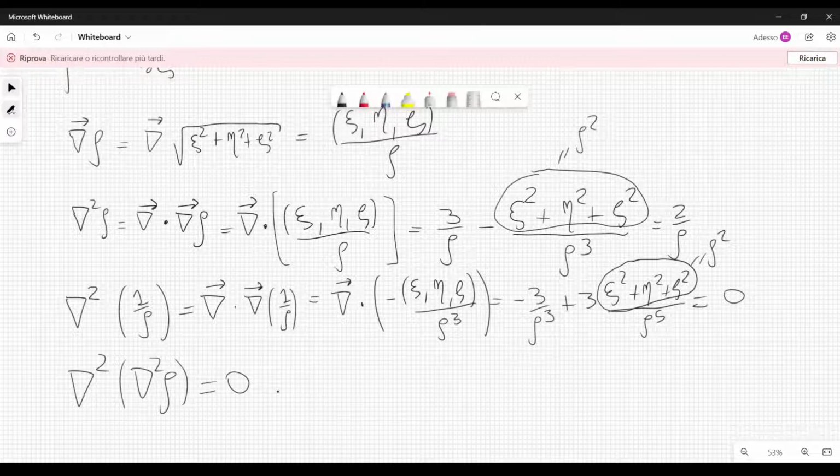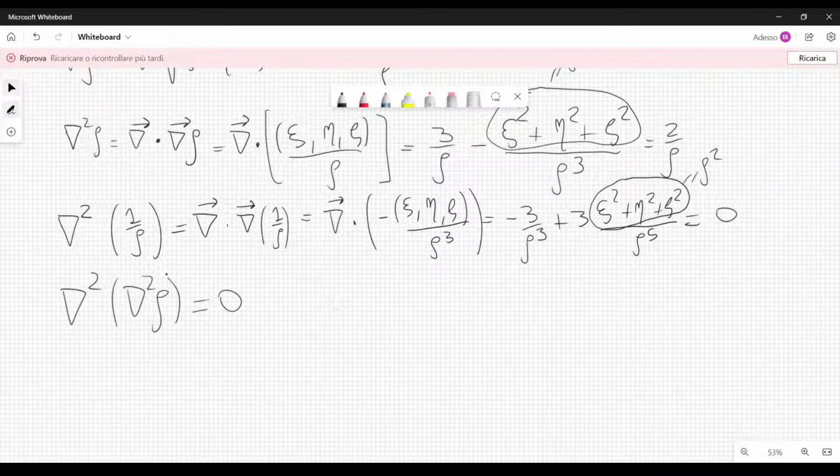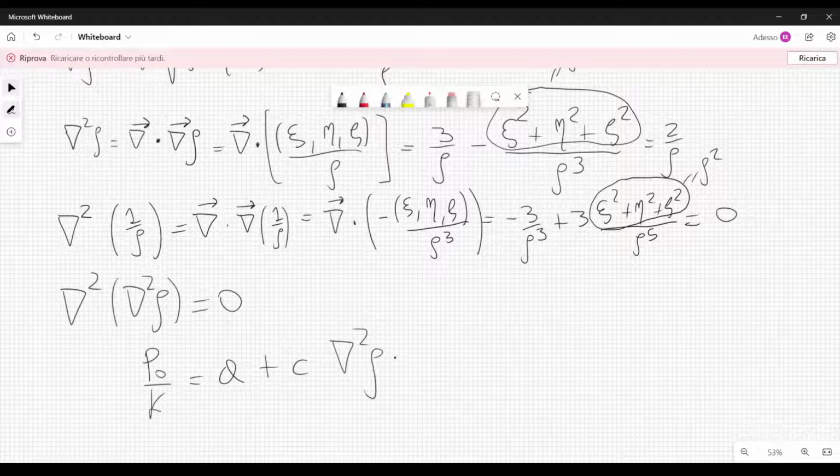And we can define now a function p0 divided by the constant k. This function p0 is related to pressure, but it is not the final solution. P0 is a function of rho. We will define it as a constant a plus c del squared rho. And we can also rewrite it as a xi squared over 2 plus c rho plus b over rho.